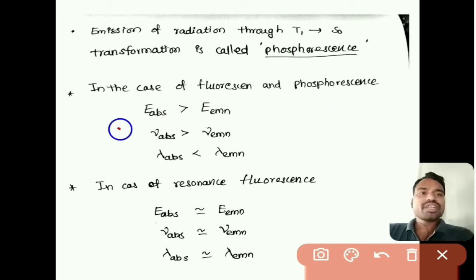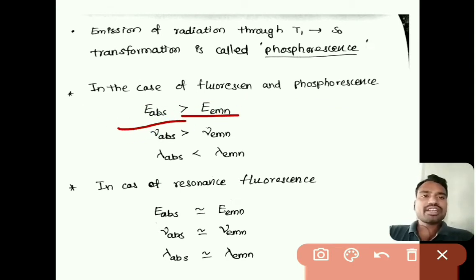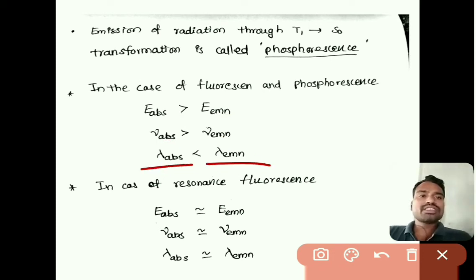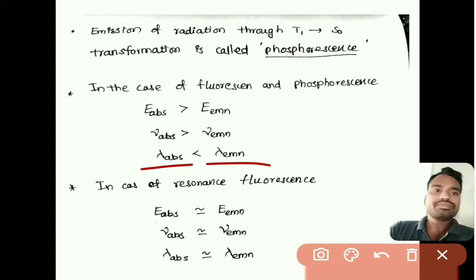So energy absorption is always higher than energy emission. That is nothing but frequency absorption is always greater than frequency emission, or wavelength absorption would be less than wavelength emission, right? So the energy which is absorbed is always greater than the energy which is emitted through fluorescence as well as phosphorescence.